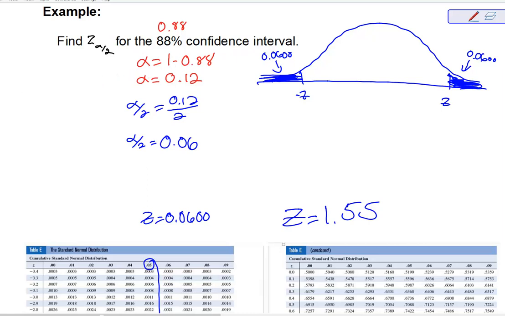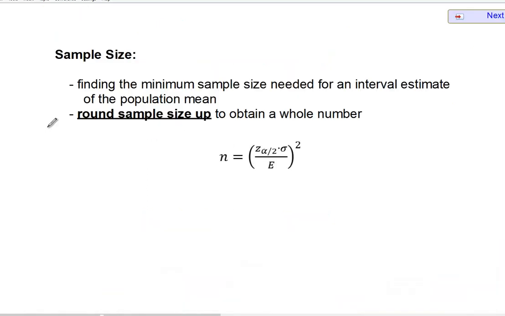One other thing that we want to look at is, what if we want to find the sample size? The minimum sample size needed for an interval estimate of the population mean. We know how accurate we want to be. In other words, we already know the margin of error that we want. So we want to know, how large of a sample do we have to have in that case?